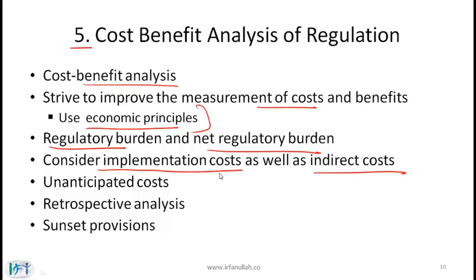Now, take a very simple example. Let's say that in a given country, the listing requirements on the stock exchange are extremely cumbersome. So obviously one needs to have listing requirements so as to create transparency and make it easy for investors to evaluate.